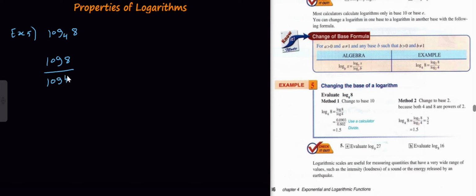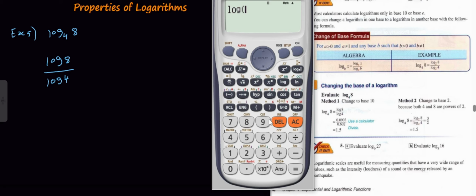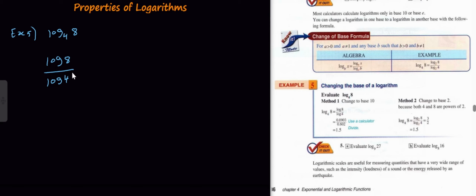We studied it before, so it will be simple. Log 8 divided by log 4 equals 3 over 2, and 3 over 2 is 1.5. So it equals 3 over 2 or 1.5. They are the same.